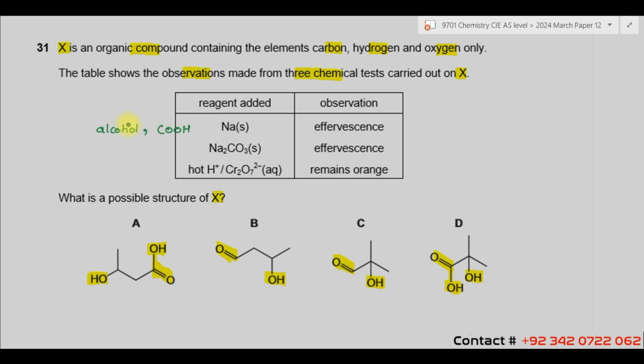So metal plus alcohol forms hydrogen and alkoxide, metal plus acid also forms hydrogen. So effervescence is seen. These two will react with sodium. Aldehyde does not react. Secondary alcohol does react. Aldehyde does not react. Tertiary alcohol can react. Carboxylic acid and alcohol can react. So B and C are wrong. It could be A or D.